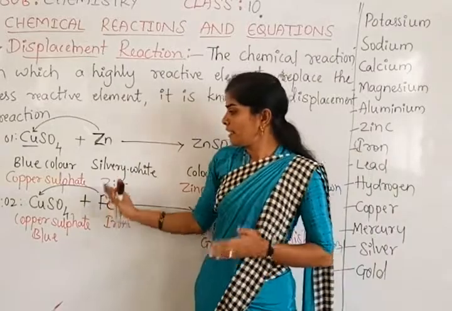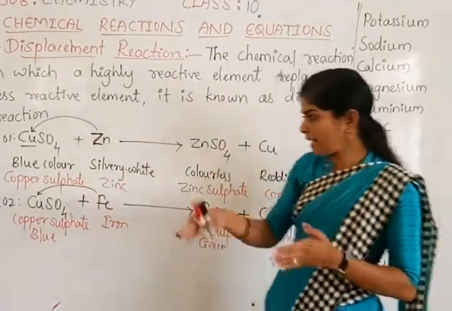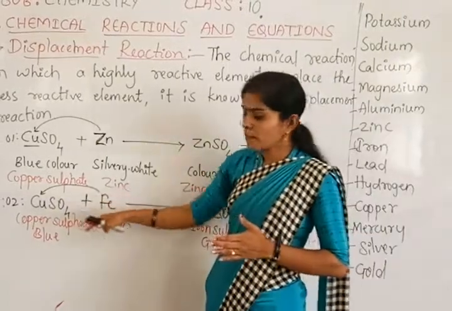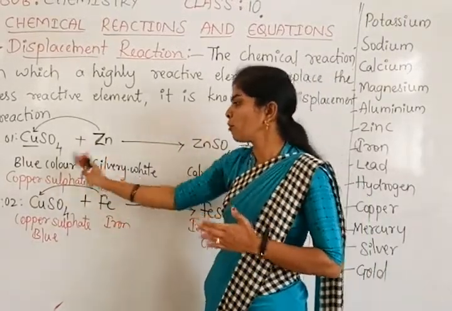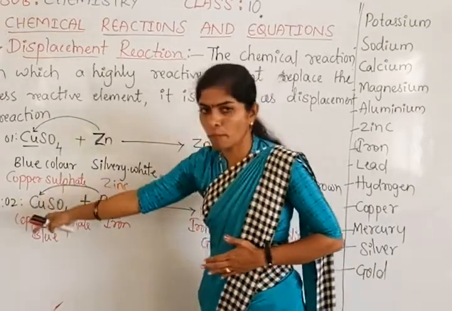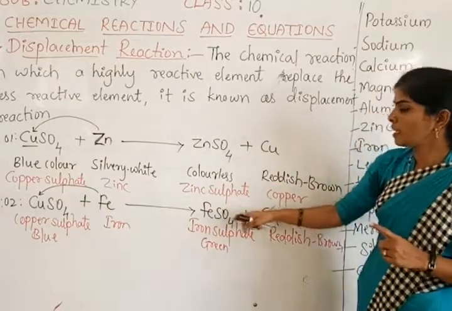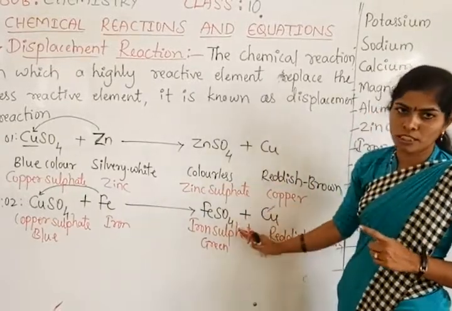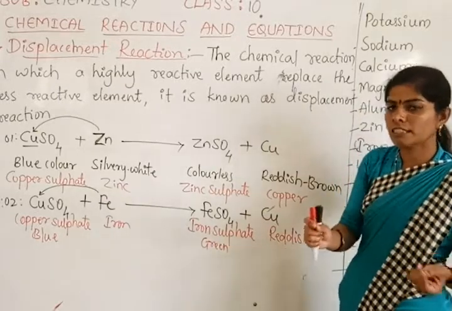And when I dip a strip of iron or a nail of iron in that, the displacement reaction takes place. The iron, being a more reactive metal than copper, replaces the copper in the solution and forms the iron sulfate solution, and the color of this is a little light green.